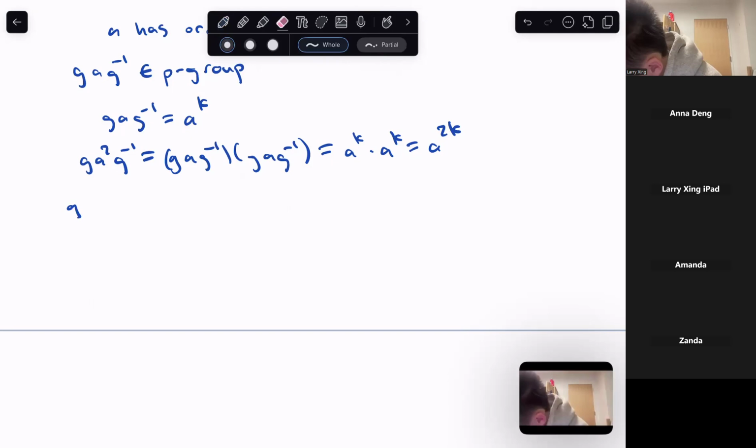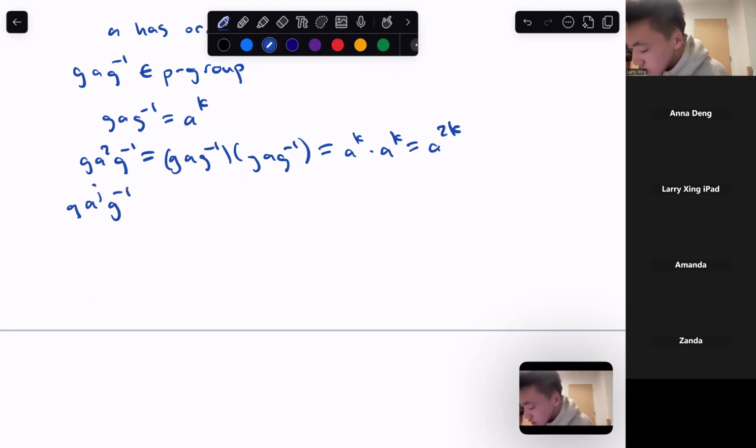So if we conjugate A^J by G, then G A^J G^-1 must equal A^JK.